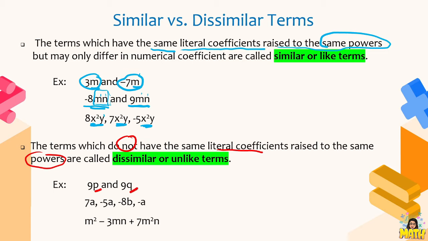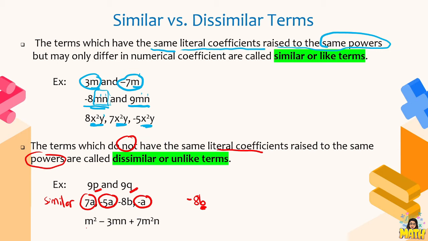They are dissimilar. Next, what we can see is that 7a, negative 5a, and negative a are similar, pero ang naiiba lang is yung negative 8b because the literal coefficient here is b. So ito lang yung dissimilar term sa kanila. Next, tingnan natin yung iba't ibang terms.